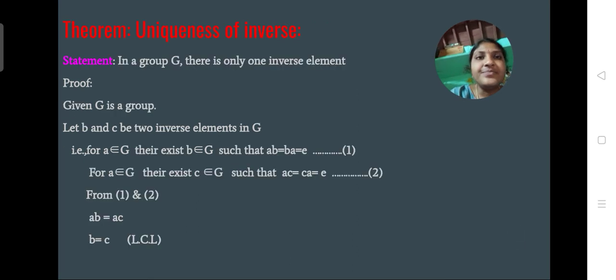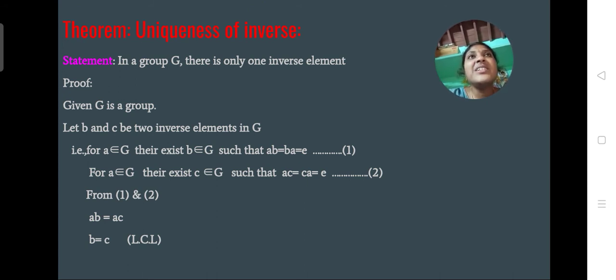And next, the third theorem is uniqueness of inverse. Same as this, in any group we have only one inverse element of one element. That means the inverse of 3 is 1 by 3, the inverse of 2 is 1 by 2.